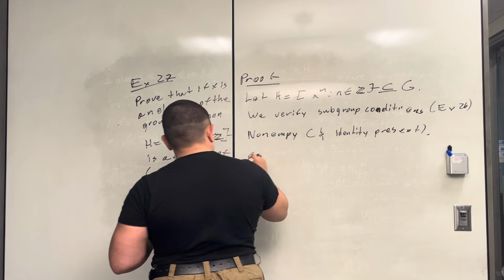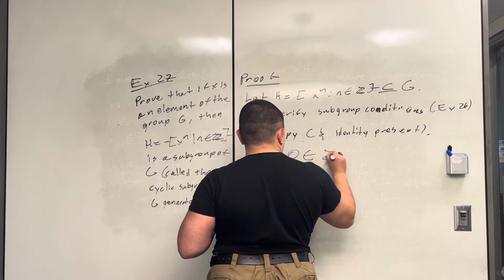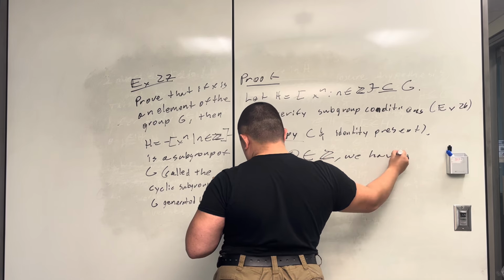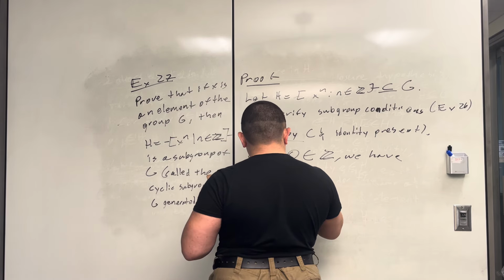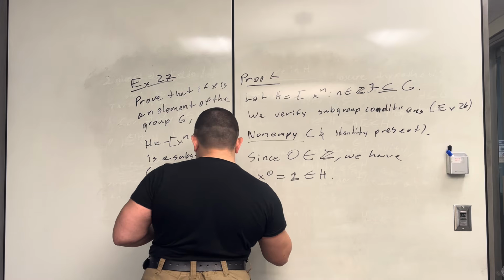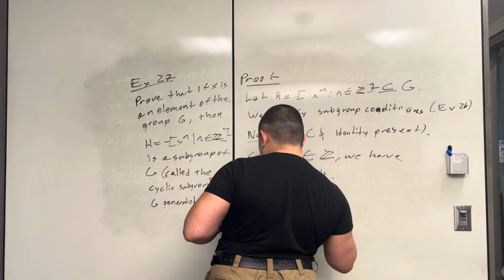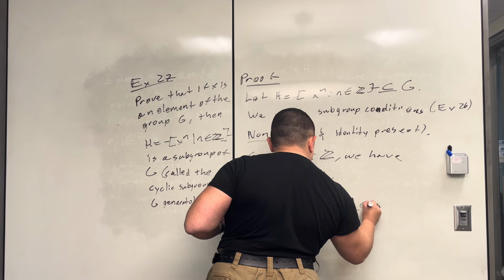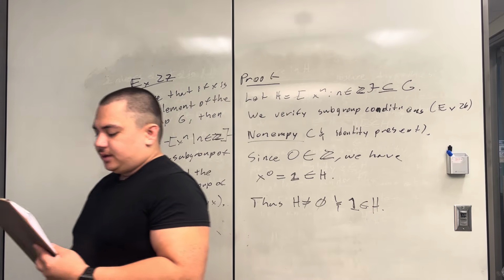Well, since 0 is within the integers, we have that x to 0 is equal to 1, which is contained within H. This means that H is not empty, and 1, the identity element, is within H. So it's pretty straightforward there.